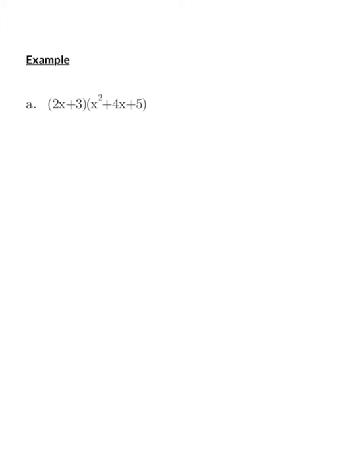So we have our first example, 2x plus 3 times x squared plus 4x plus 5. The first thing that we want to do is I'm going to do this horizontally. So horizontally, let's rewrite the problem. I'm going to start by multiplying everything in the second set by 2x.